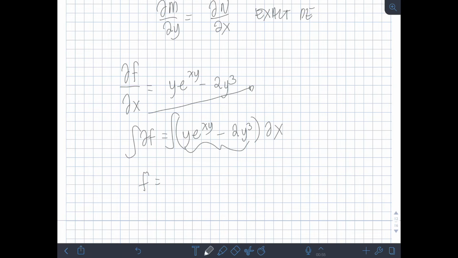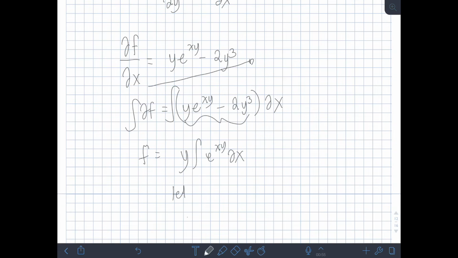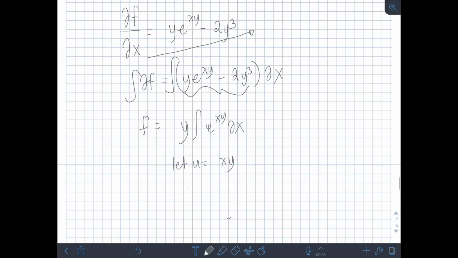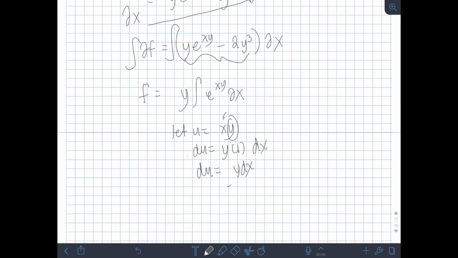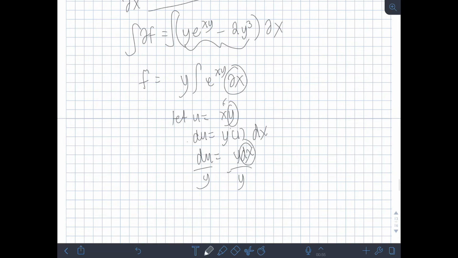Y is constant, so the integral of y e raised to xy dx is simply y set aside, times the integral of e raised to xy dx. We can let u be xy. Therefore, du is equal to, since y is constant, the derivative of x is 1, then dx, so du is equal to y dx. We only need dx, right? So dividing both sides by y, we have du over y is equal to dx.